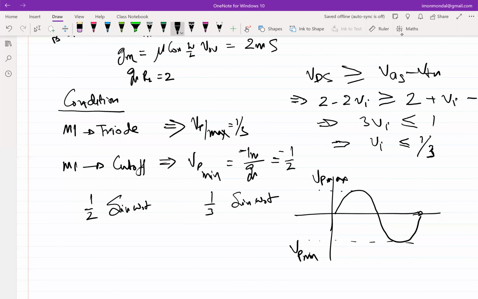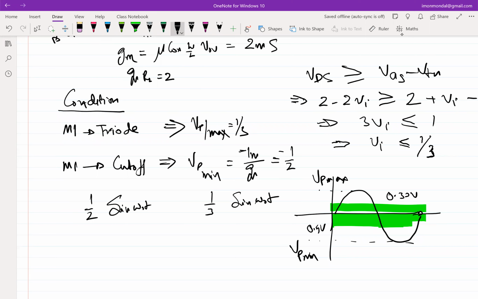In an ideal sinusoid, you want Vp max to be equal to Vp min, but let's say the condition that we are getting here is that the maximum I can apply on the higher side is 1/3 volt or 0.33 volt, and on the lower side it's 0.5 volt.